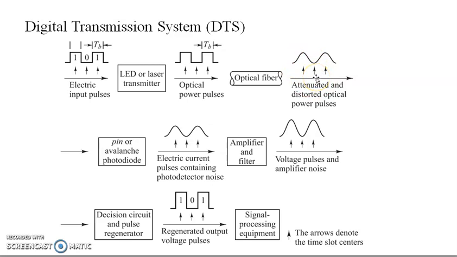That's why an optical preamplifier is used here, to boost the optical signal level. Sometimes we use an amplifier after the detector, or sometimes we use the optical amplifier before it. The preamplifier is present before the detector, or an amplifier is present after the detector.